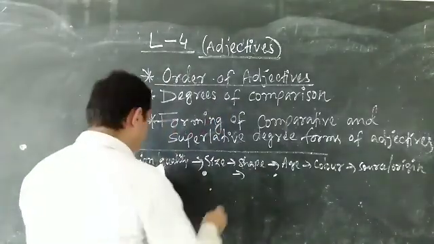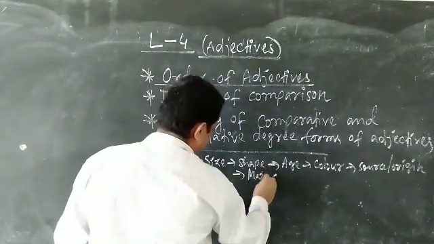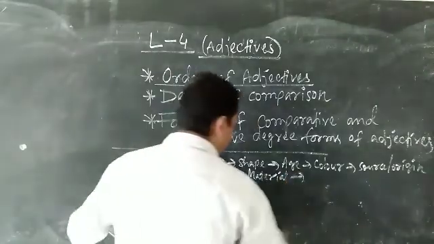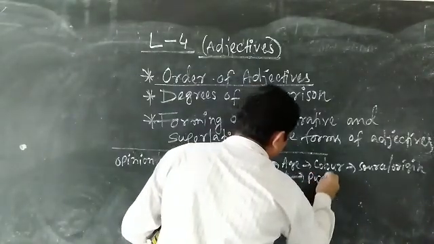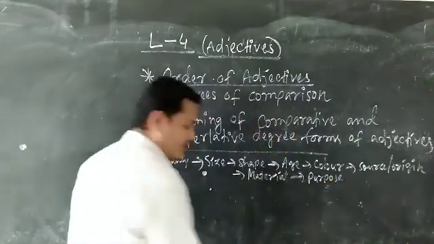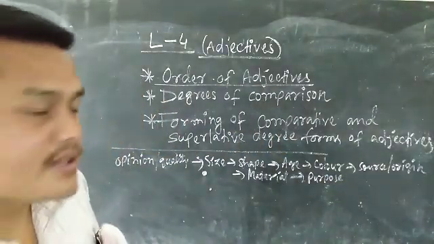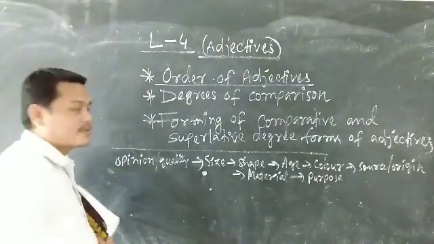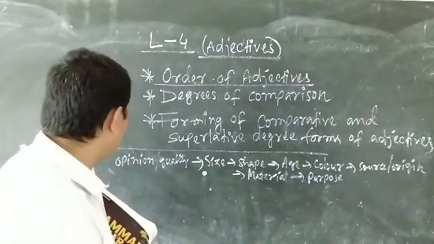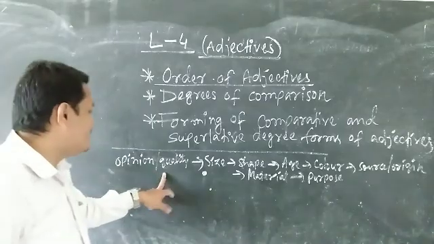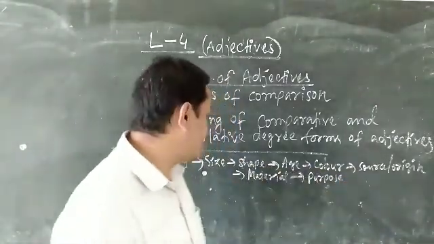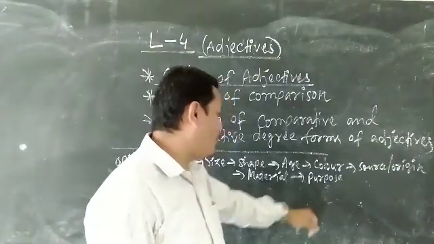Then we can use material, and then finally we can use purpose. So my dear students, this is the sequence of using adjectives in a sentence. Opinion or quality, size, shape, age, color, source or origin, material and purpose.